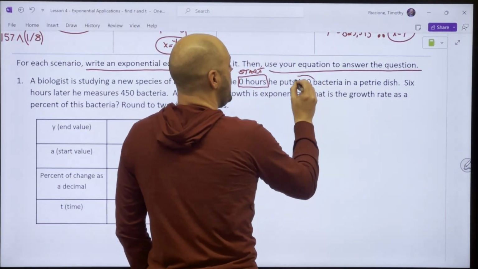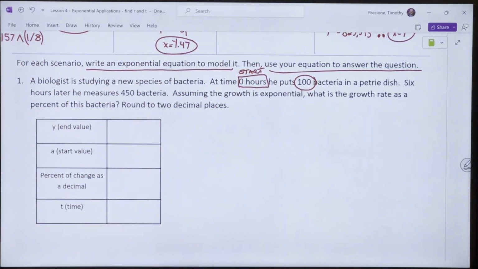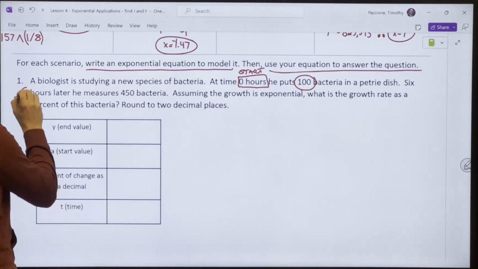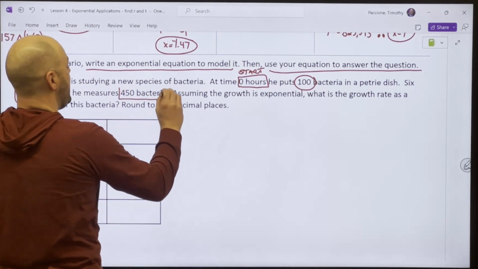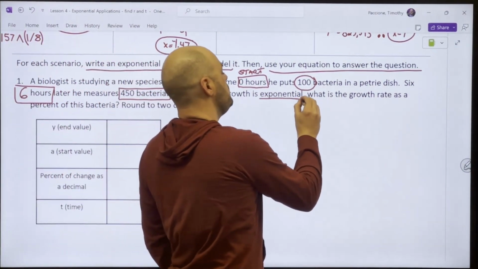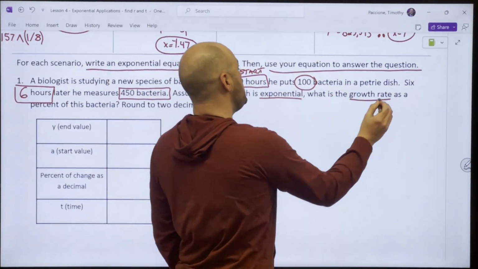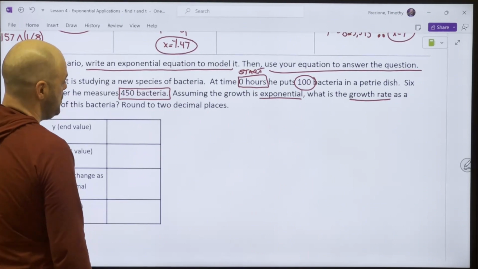He puts 100 bacteria in a petri dish. One of those little circle dishes. And then 6 hours later, he measures 450 bacteria. Assuming the growth is exponential, what is the growth rate as a percent of the bacteria? Round to 2 decimal places.